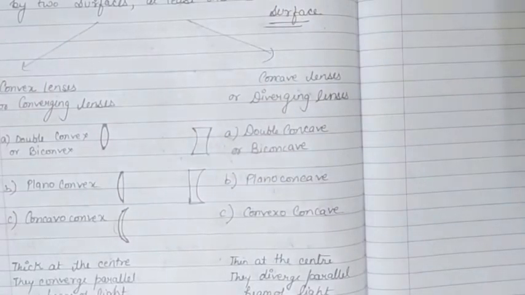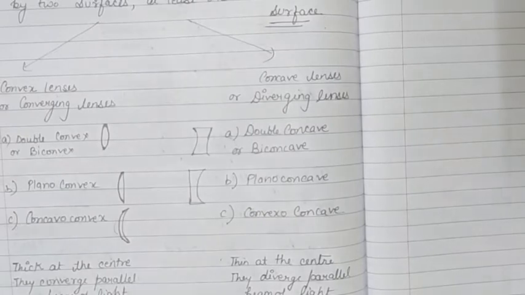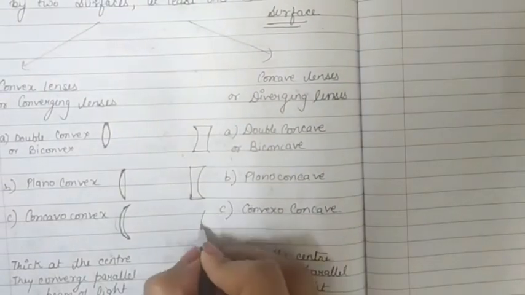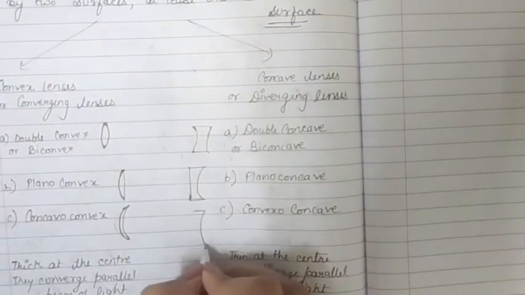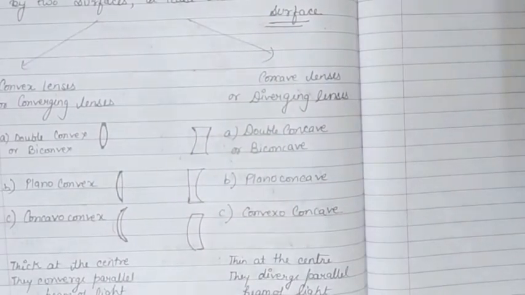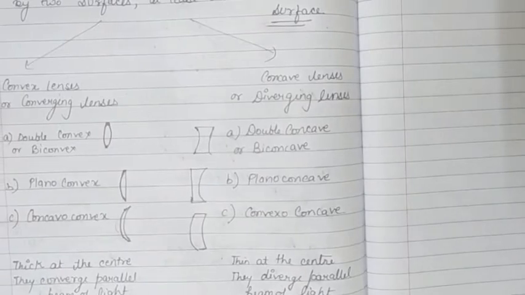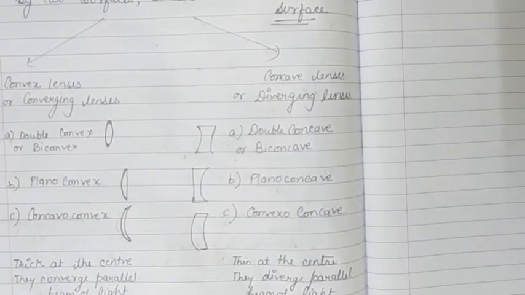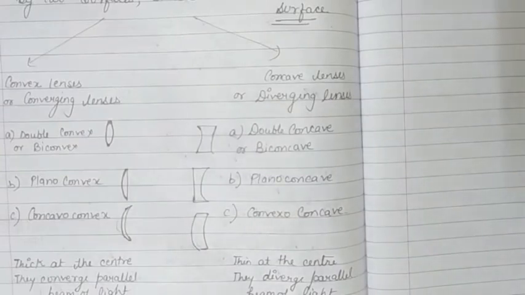While if one is convex and the other side is concave, suppose this is concave and this is convex, then we call it a convexo-concave lens. So if one side is concave and the other side is convex, then it is called convexo-concave. If one is plane, then plano-concave.